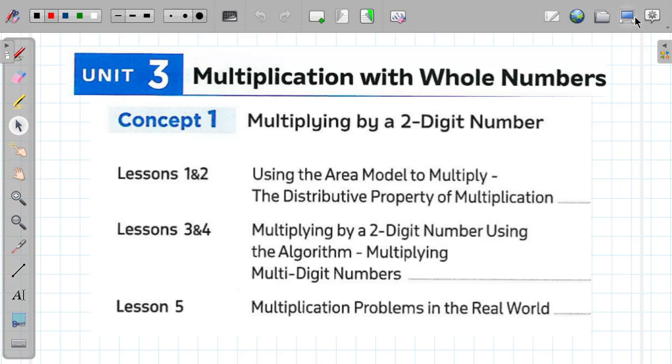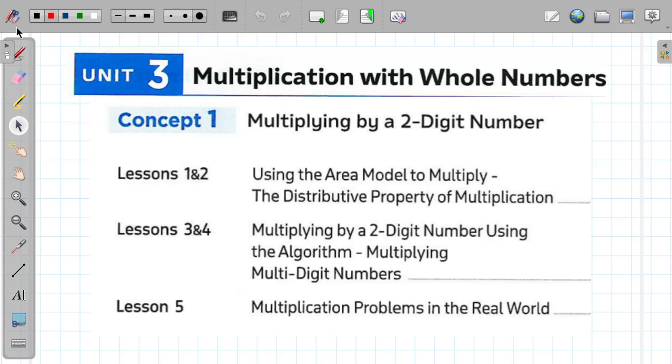Our unit has 5 lessons. The first and second one is about using the area model to multiply and using the distributive property of multiplication. The third and fourth lessons are about multiplying a two-digit number using the algorithm and multiplying multi-digit numbers.